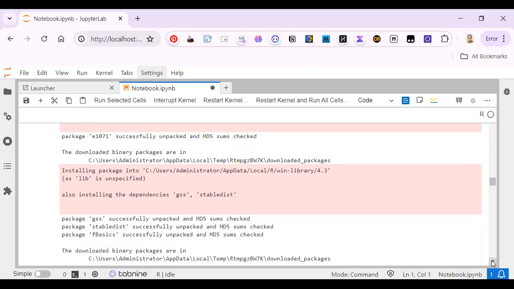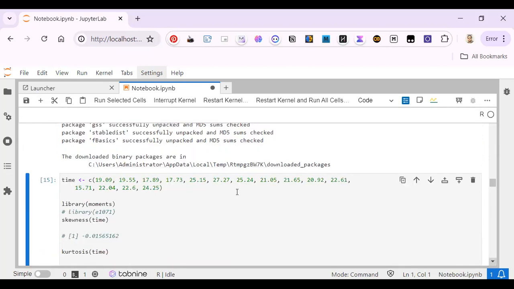Now, we installed it. That's good, and I have taken some variables. You can see randomly I have taken 19.09, 19.55, 155, 17.89 and many more values. I'm going into my library called moments, and I'm asking for skewness. When you install moments, then you will get skewness, otherwise not.